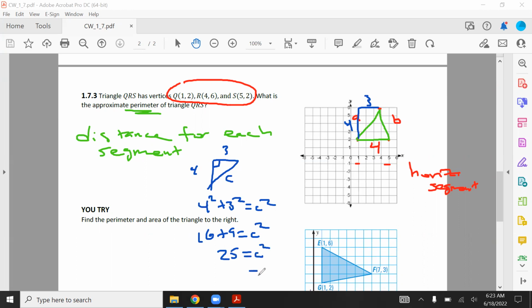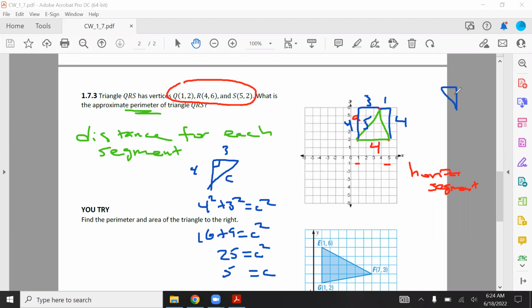We'll work that out. So you get 5. And then to get the other side here, it looks like that's also a length of 4. One.